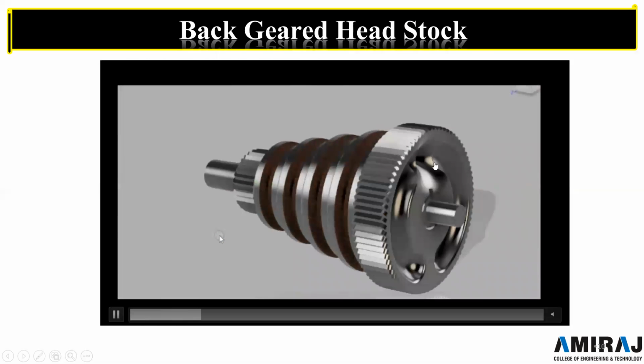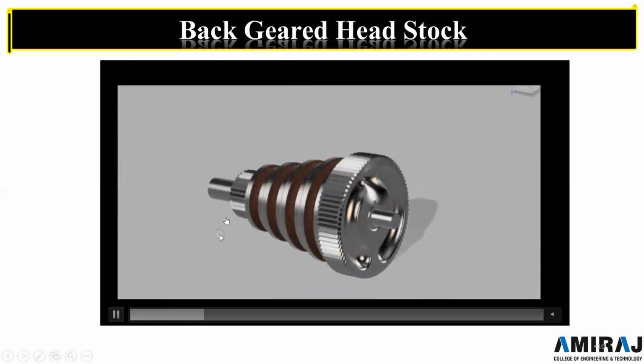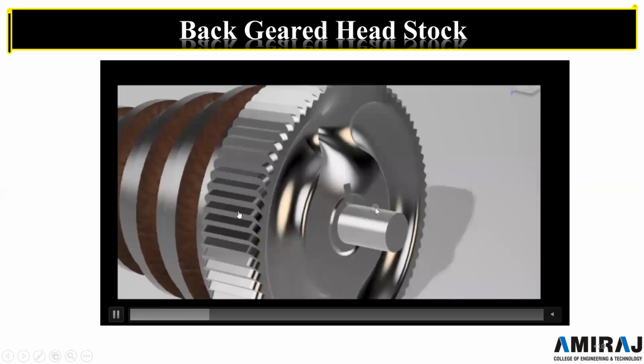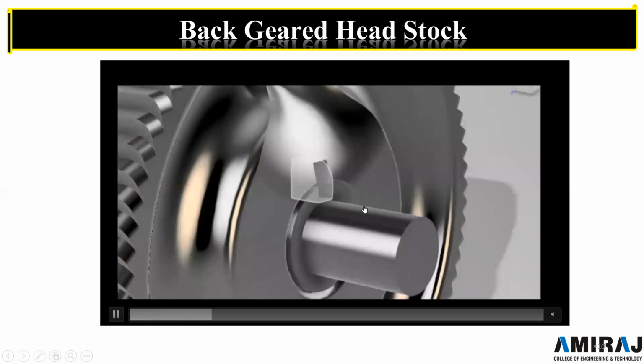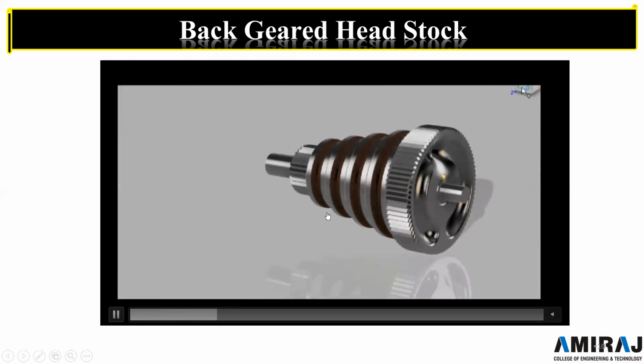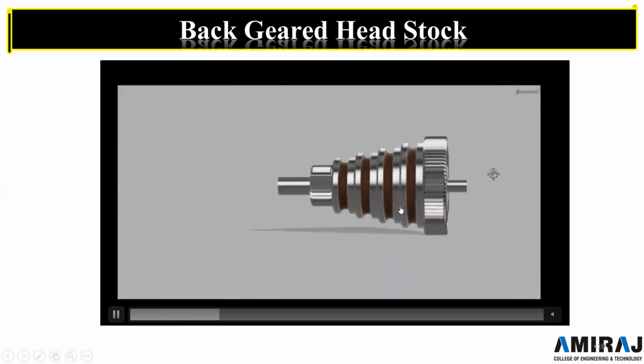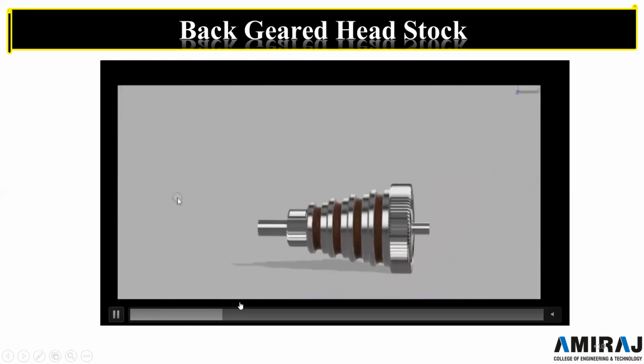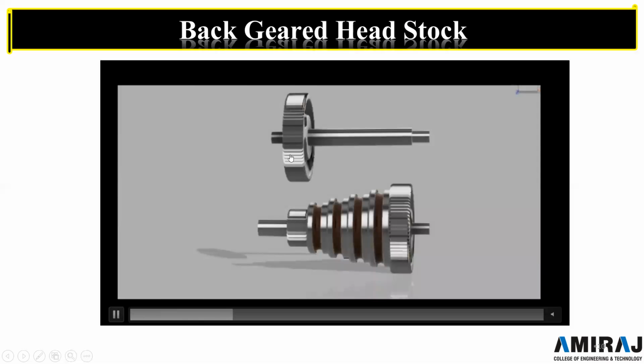Okay, this is the large diameter gear, this is the smaller gear. There is one keyway. Okay, the key is inserted and fixed. Another shaft parallel to it has the opposite gear.